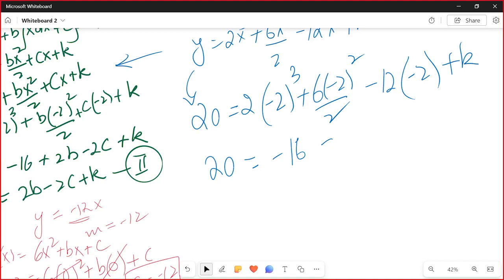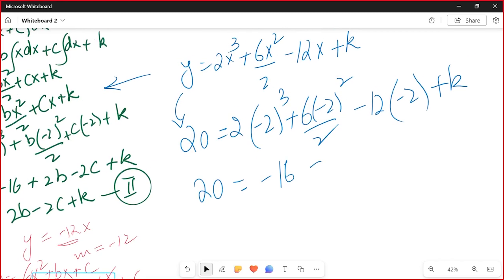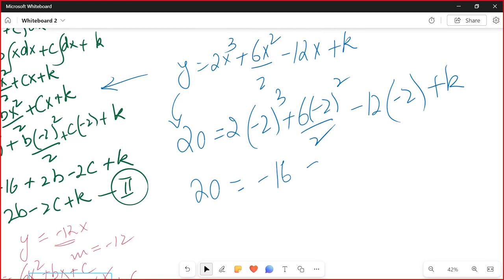So it means it's the same thing for the maximum point: the equation at minus 2 has a maximum value of 20. So we just use the main equation and substitute the points in. Okay.